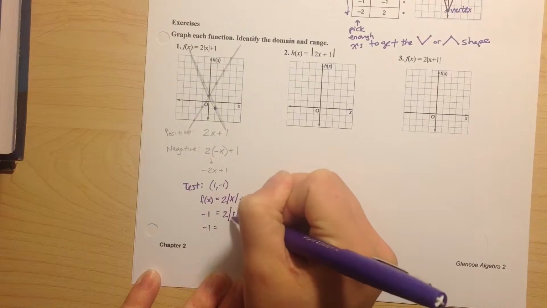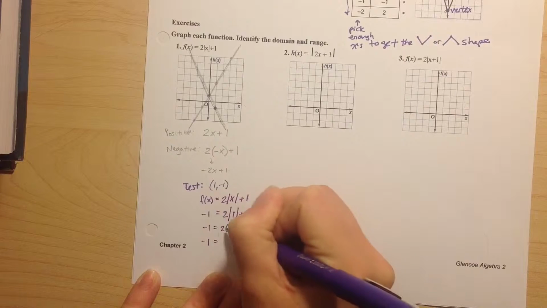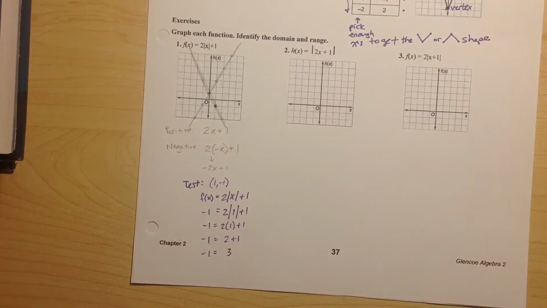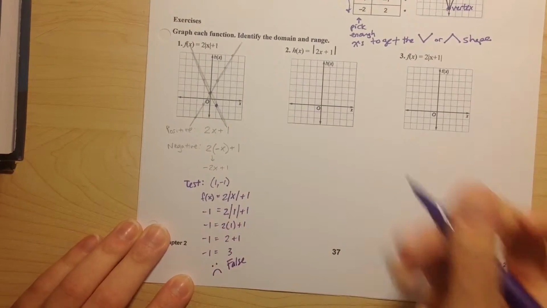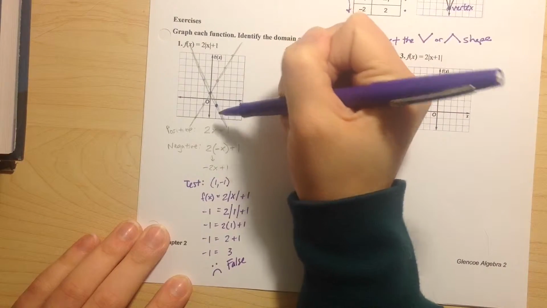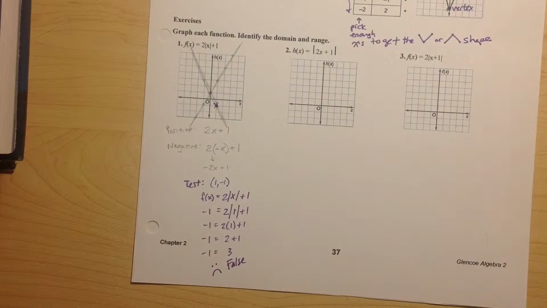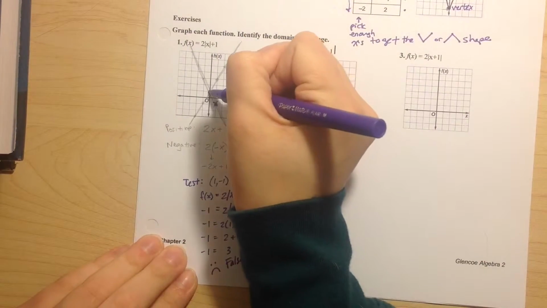Well, I know the absolute value of 1 is 1, plus 1, 2 times 1 is 2. Oh, I get not a true statement. Not good. Because this is false, this point right here is not on my graph. Meaning my graph is the upper V.